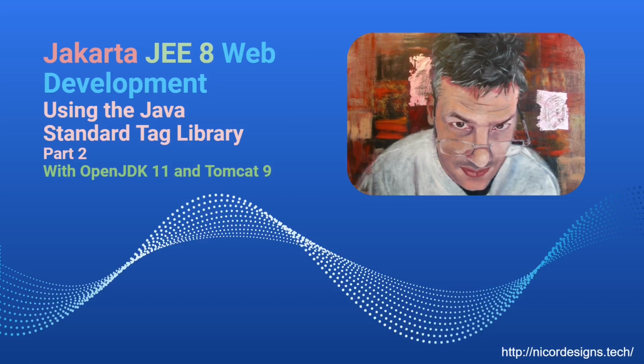And of course, it's the technology we use in our example code. Once again, the actual Jakarta JSTL 2 specification that will guide us will be for version 2.0, which is actually part of the next major Jakarta JEE 9 release.